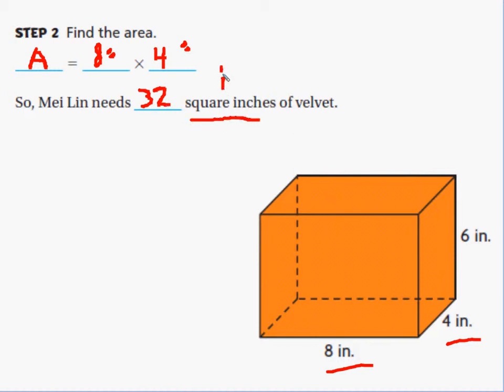Another way to write this is inches to the power of 3. No, to the power of 2. Sorry, let me erase that. The power of 2 is square inches.